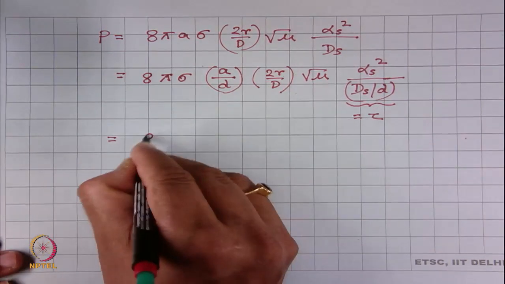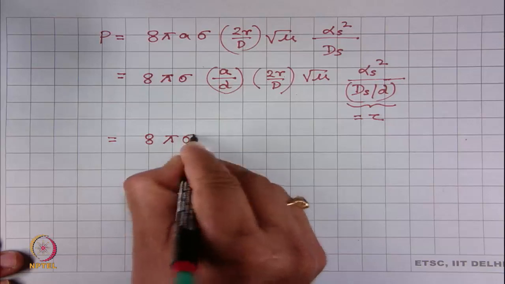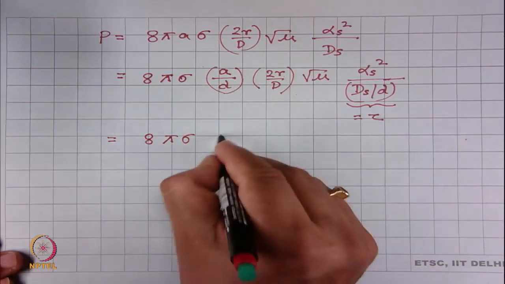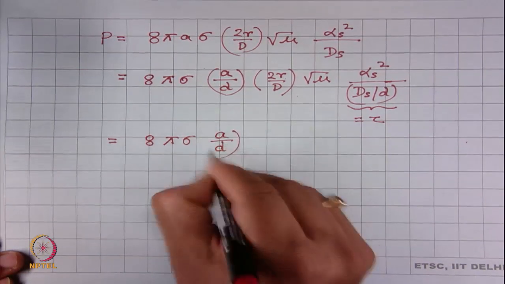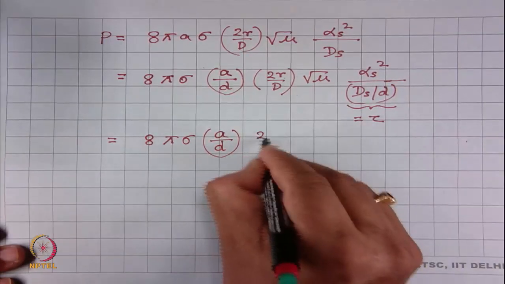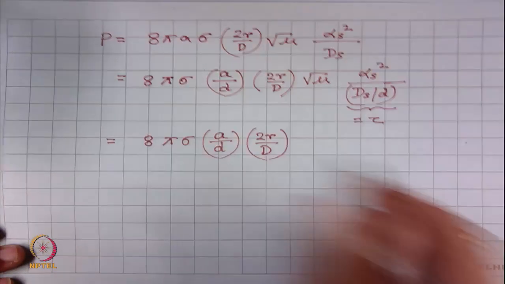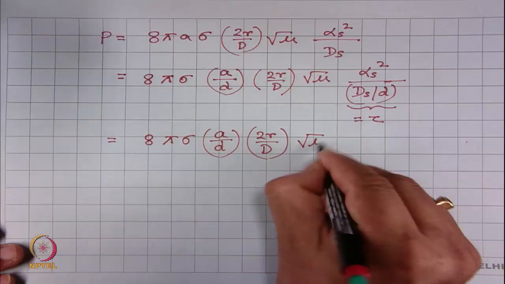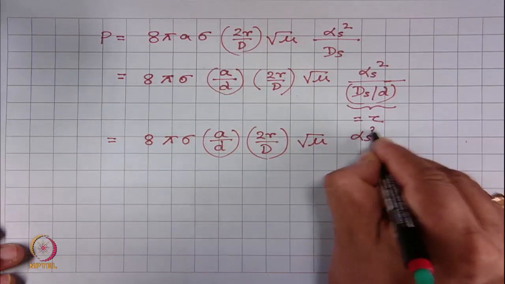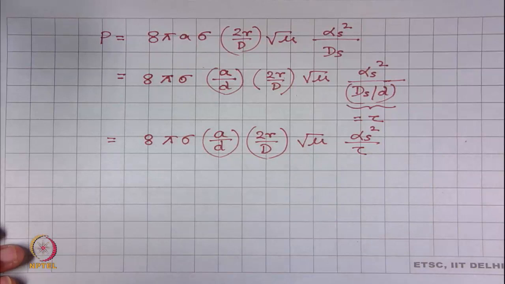This is equal to tau, relative fineness, tau. So, finally, we obtained 8 pi into sigma A by d 2 r by d root mu squared by tau. Right.